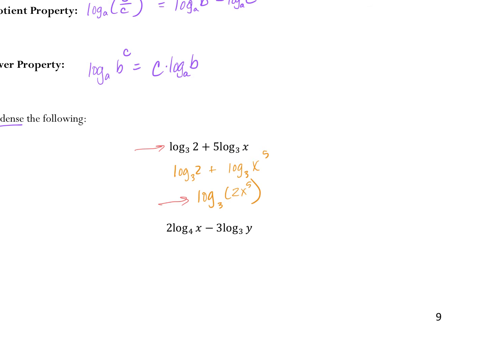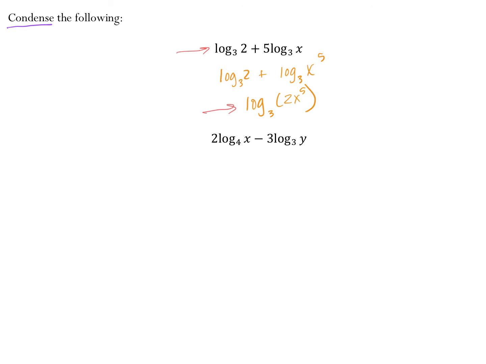Okay? So, as I look at, say, this one, I might put the 2 here and the 3 here and get rid of them. Now, there is a typo, guys. These are both supposed to be x to the 4th, because if they're not the same base, there's not much more we can do. They're both supposed to be log base 4, not log base 3 and then log base 4.